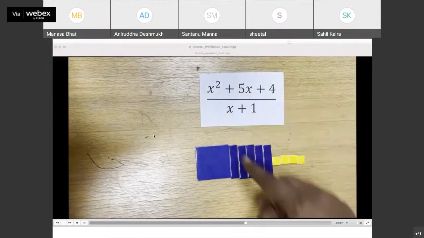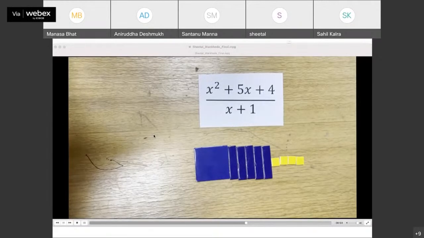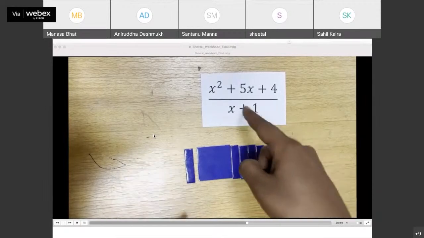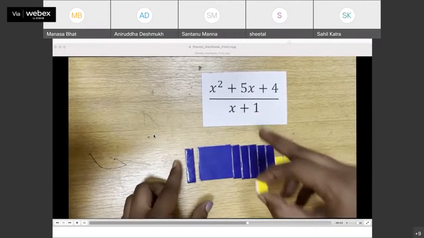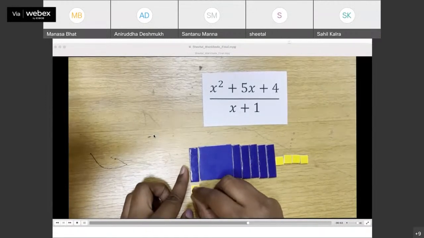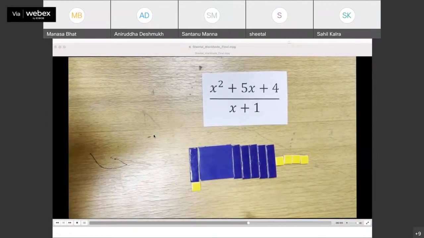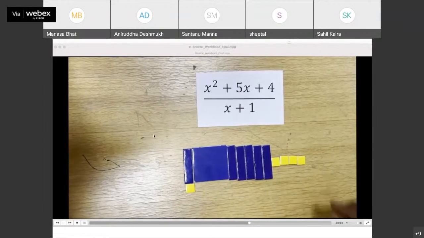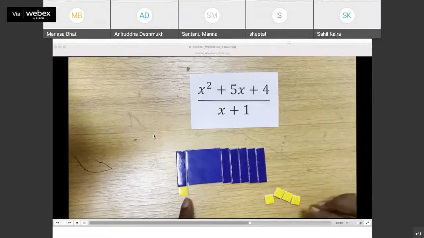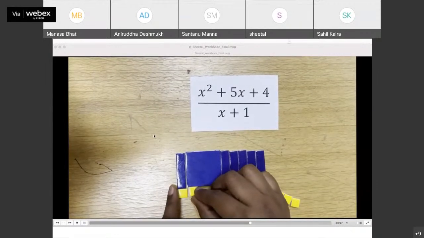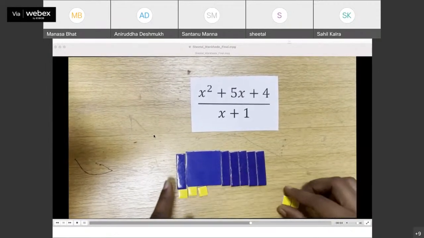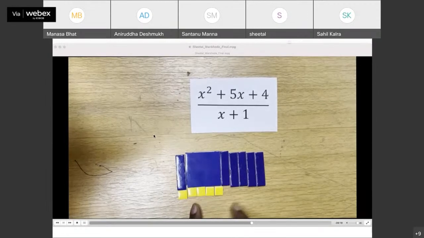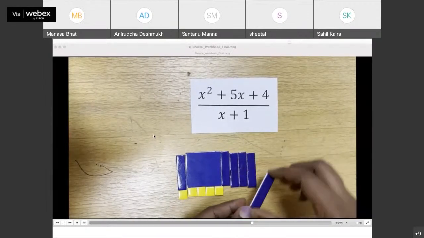So this polynomial is divided by this polynomial x plus 1. So that means this x plus 1 represents one side of this rectangle whose area is x square plus 5x plus 4. So first we need to make a uniform rectangle, and we need to find the other side of this rectangle. So this is of unit length. So we complete this with unit length tiles. We fill it. So if you see, this 4 gives you this x tile.